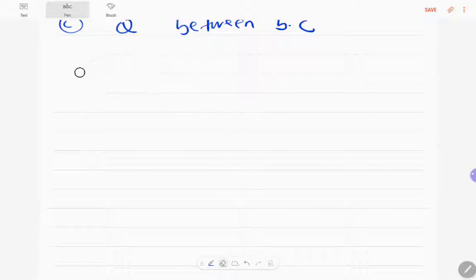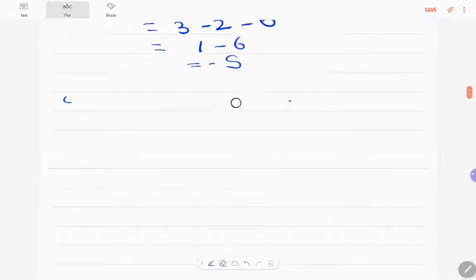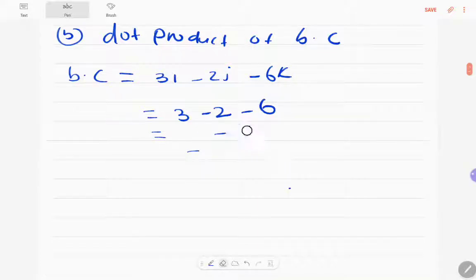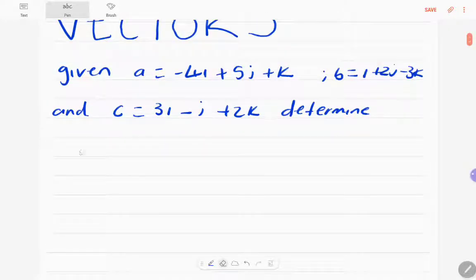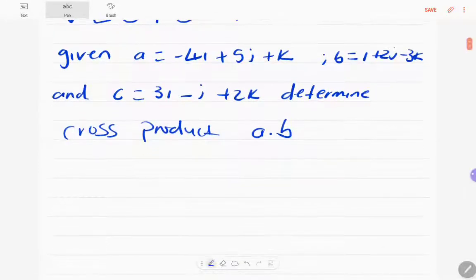Now we must find the vector, the cross product between A and B. Let us find the cross product between A and B. We have i, j, k. This is positive, this is negative, this is positive.